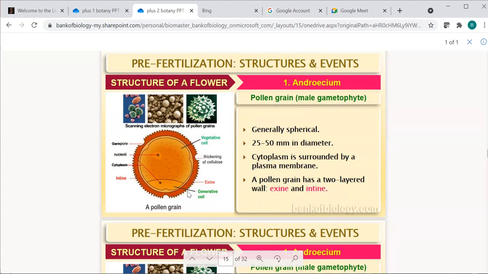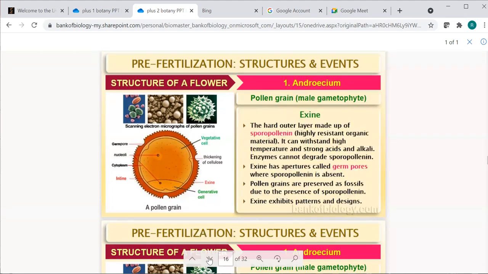The exine has thorn-like projections, and the part without thorns, the U-shaped area, what do we call it? Germ pore. Okay. And this exine, the hard outer layer, is made up of sporopollenin, which is highly resistant to high temperatures, strong acid, alkali, etc. Enzymes cannot degrade sporopollenin. The U-shaped apertures are germ pores where sporopollenin is absent.